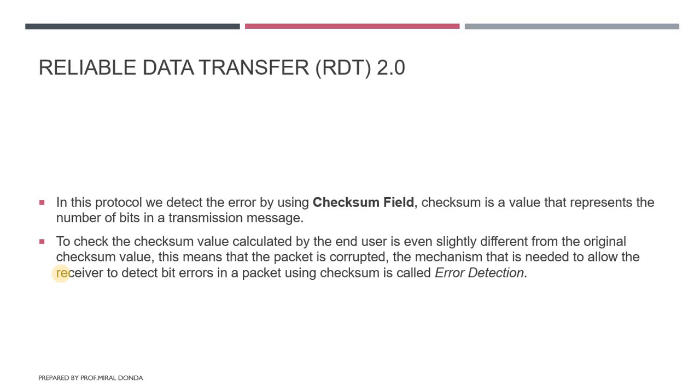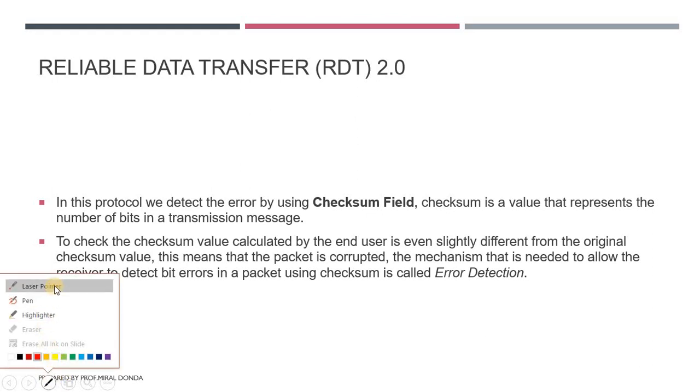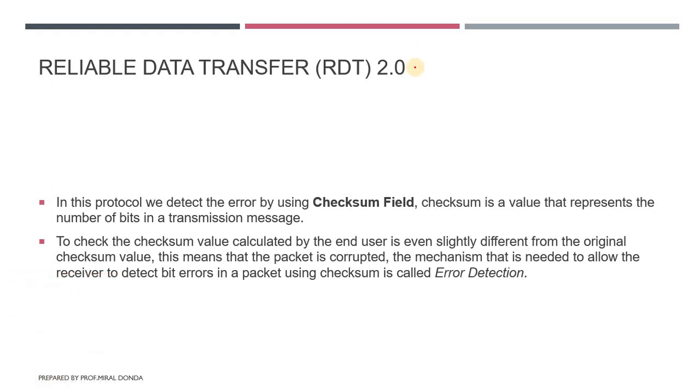The mechanism that allows the receiver to detect bit errors in a packet using the checksum is called error detection. Now suppose our message is hello. When we transfer that message on the transmission media, it is converted into binary format. Suppose this is the binary format 10110.